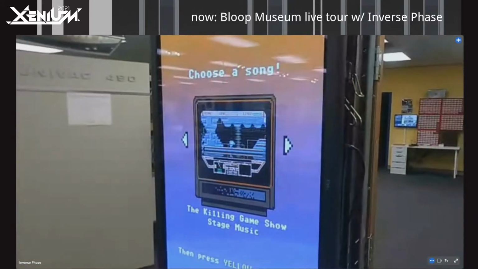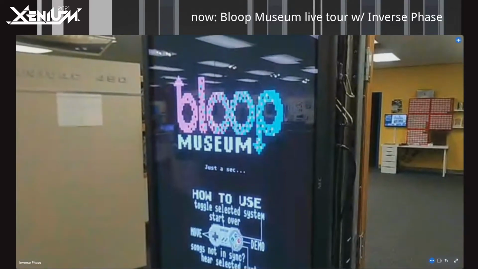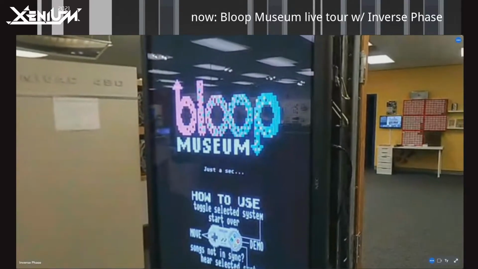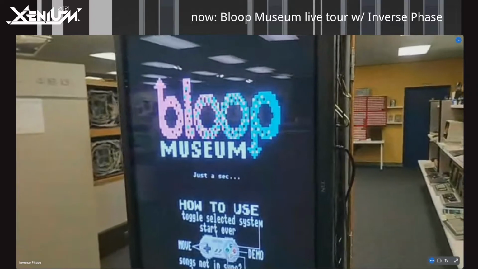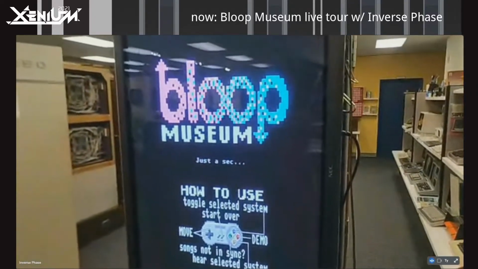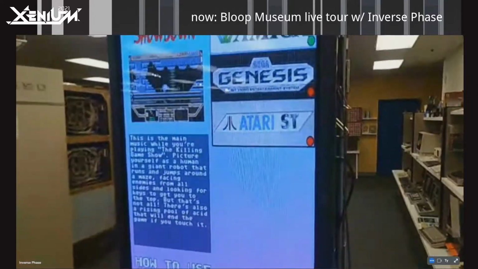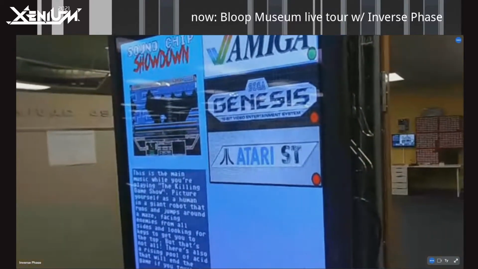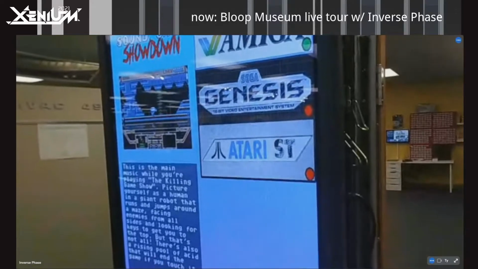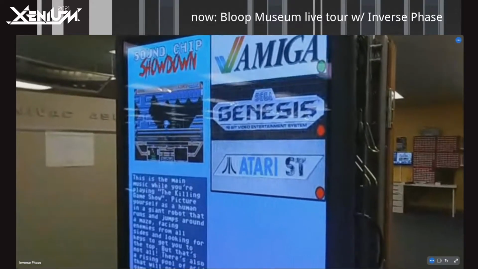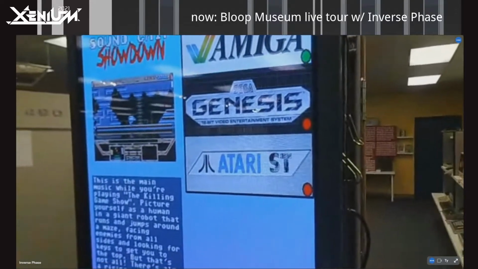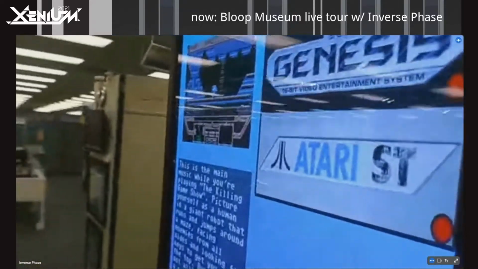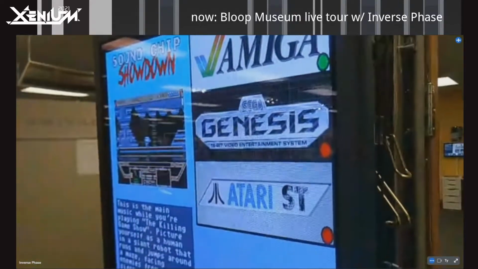Did anyone play it on the Atari ST? Because apparently there was an Atari ST port. I hear crickets. I don't know how well anyone can hear that. Let me see if I can turn the mic around a little.